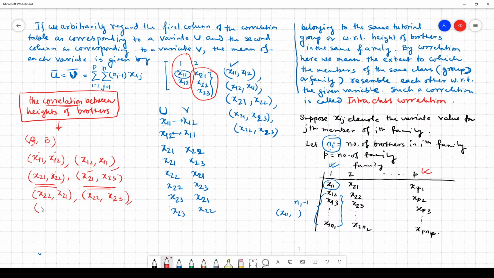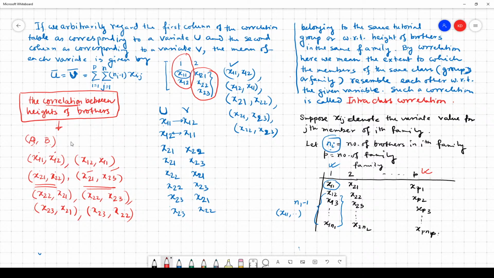Similarly, brother 3 pairs with brother 1, and brother 3 pairs with brother 2.